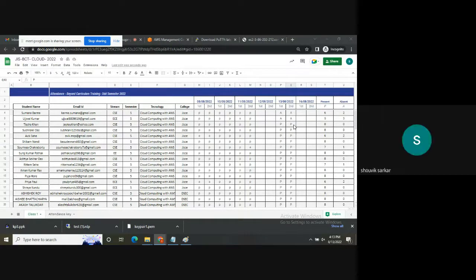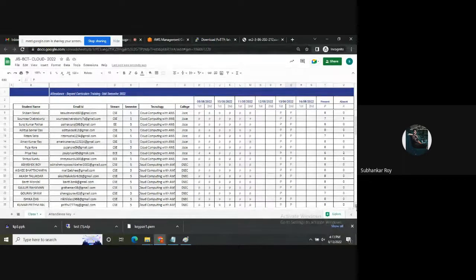Shubhankar Roy, just check in this list. Do you have a name marked as absent or present? I think the screen is shared. You just need to go down. Someone here missed Ishi. Who is this?